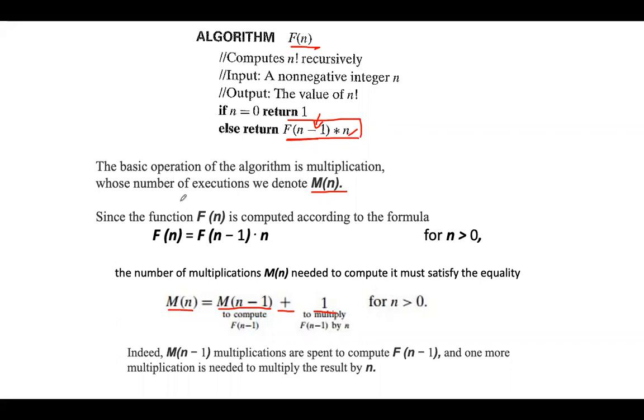Okay, so for this algorithm, our basic operation is multiplication, which is represented by M(n), and we need to do the computation for M(n). That is, we have to find out how many times it will be executed. So this will be executed M(n-1) times, plus the final one multiplication will occur, so plus 1: M(n-1) plus 1.